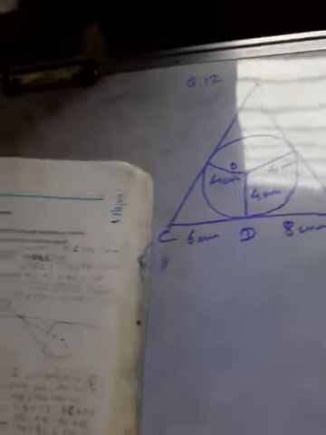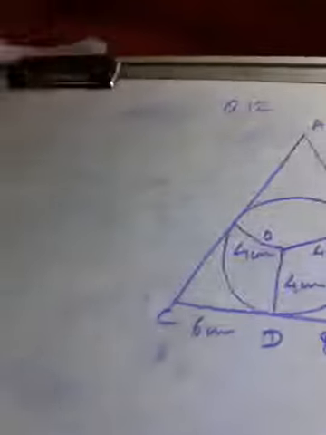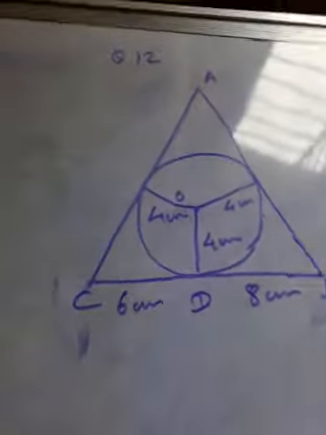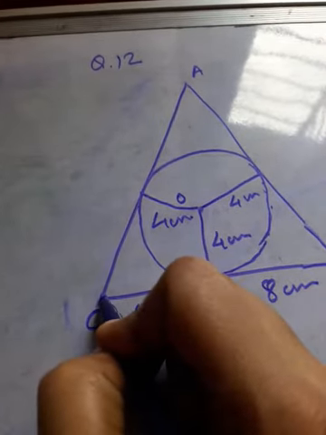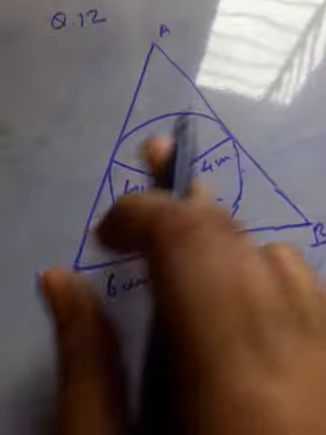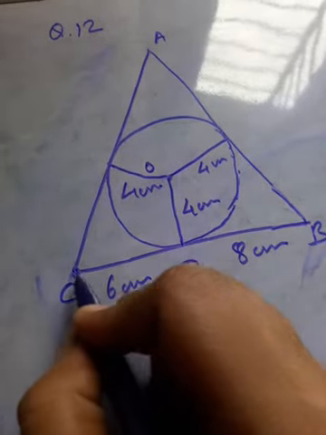Okay, so you already know about this. If we draw tangents from an external point, they are equal in length. Suppose C is an external point; tangents from the external point to the circle are equal in length.